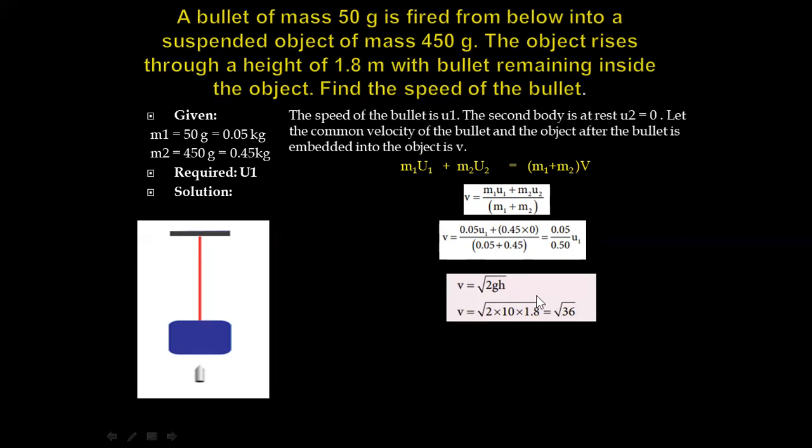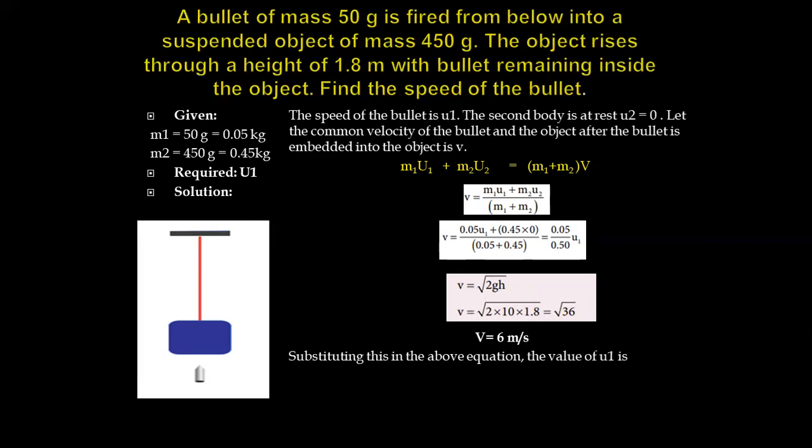In this instance, it was rounded to 10. Multiply it by the height of the suspended object at 1.8 meters. Further simplifying gives us the square root of 36, or the velocity is equal to 6 meters per second.